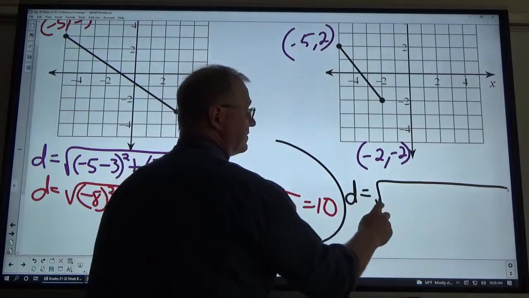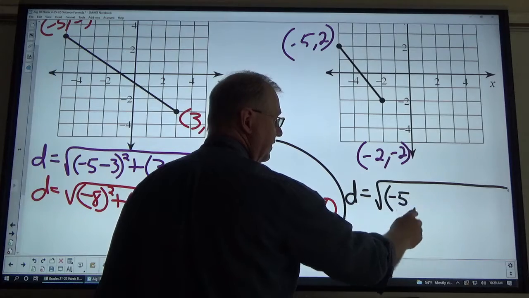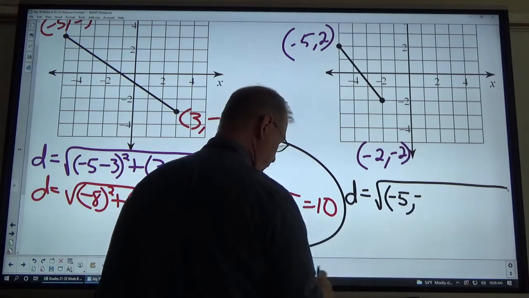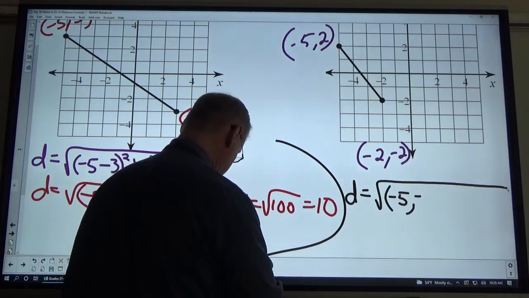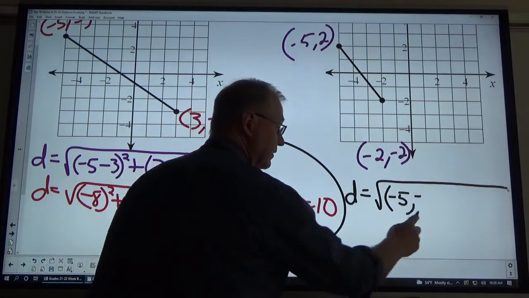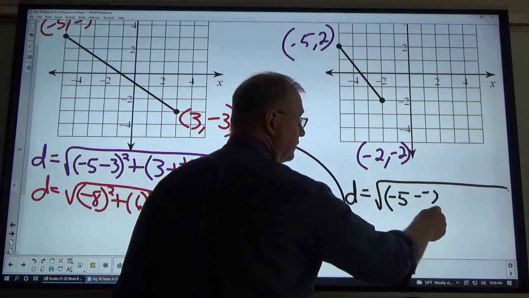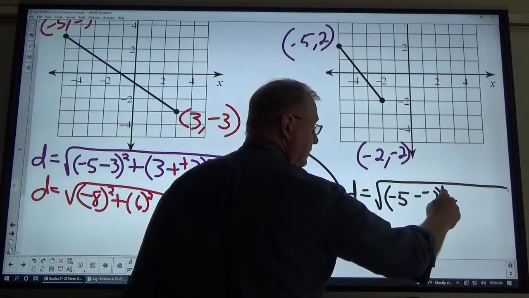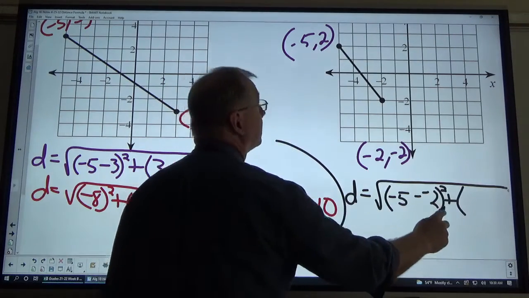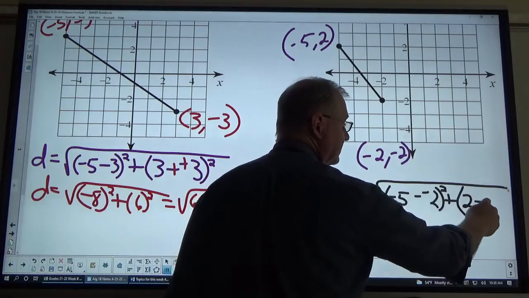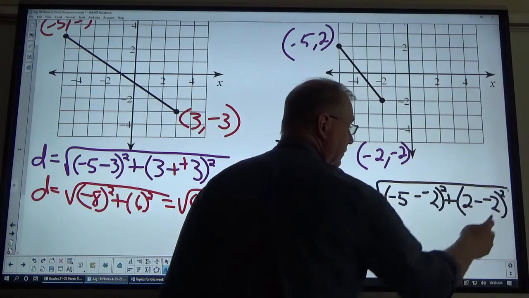Let's see if I can squeeze this in. Negative 5 minus, no comma there. That's what I want. Minus negative 2 squared. Positive 2 minus negative 2 squared.